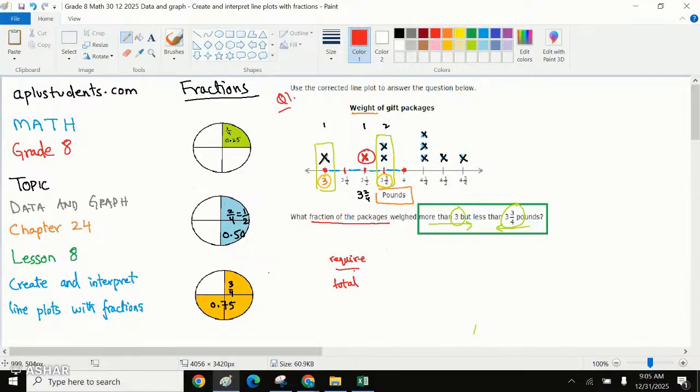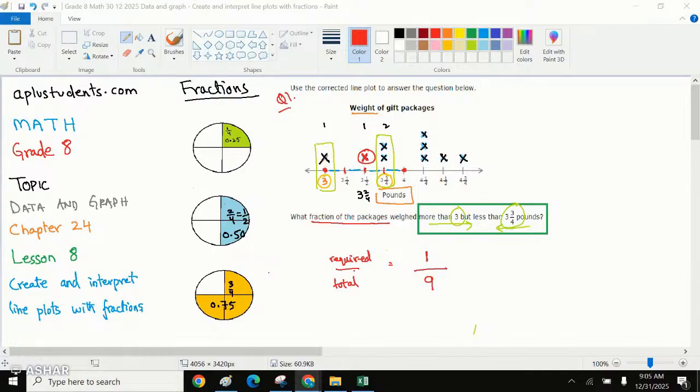So we can say the total number of x's were 9, and how many packages were in the weight between 3 and 3.75? There was only one package between this, okay? So we can say 1/9 of the packages have the weight between 3 and 3.75.